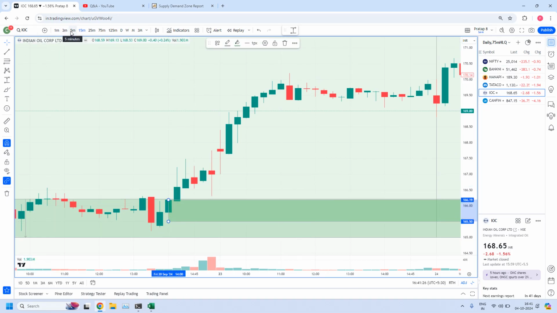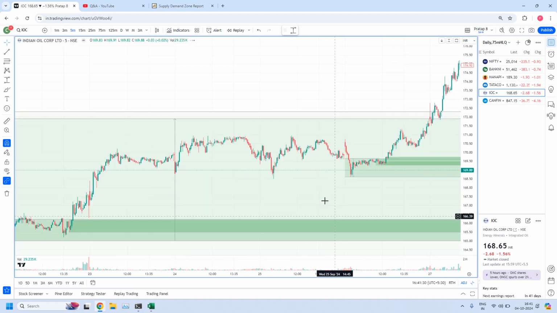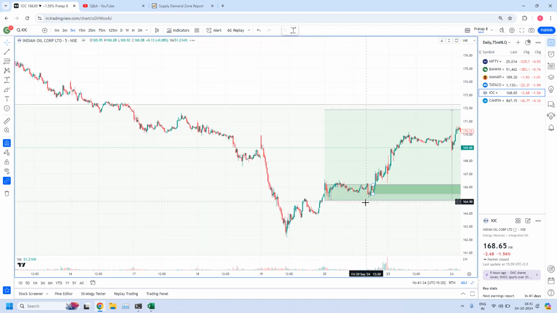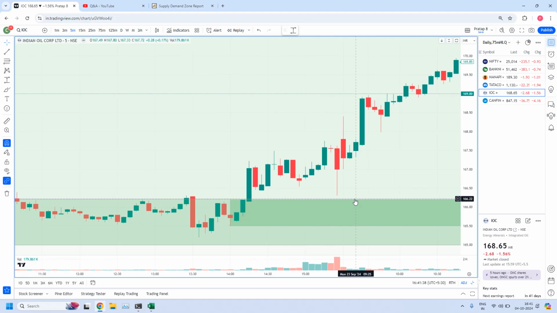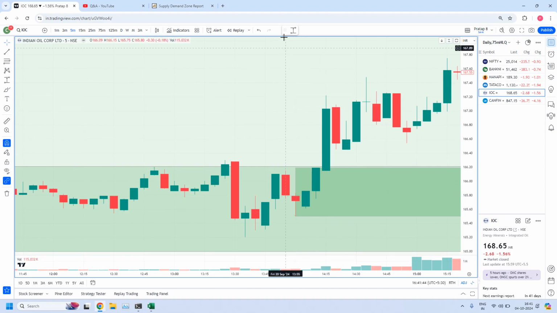Now I am going to the 5 minute time frame. So here I have a drop, a base candle, a medium candle which is also part of the base, and a rally with follow through candles.